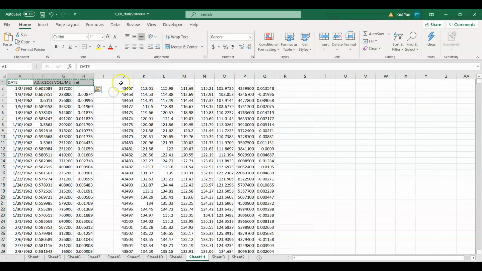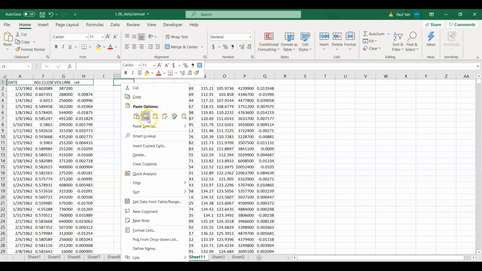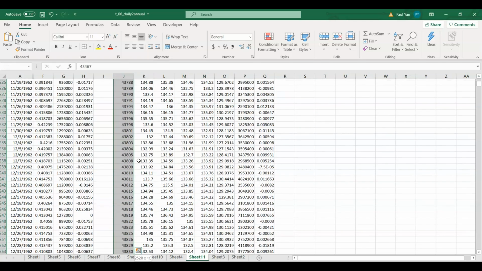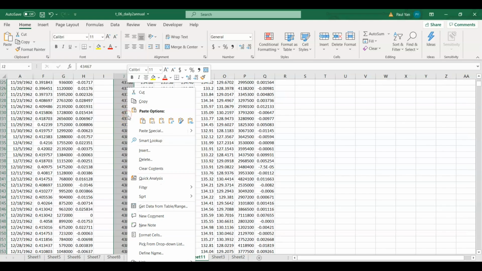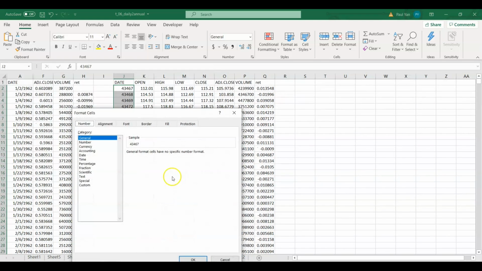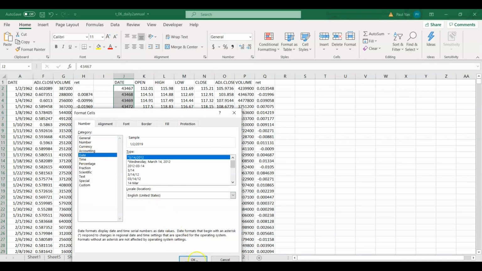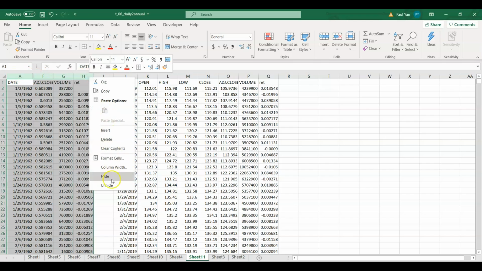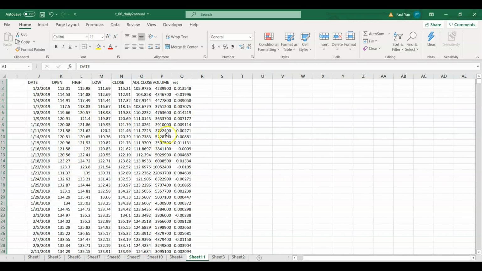So return, and for this column, Control down arrow, and we have to use the correct format. We use date. I'm going to hide all this. So this is our data set.